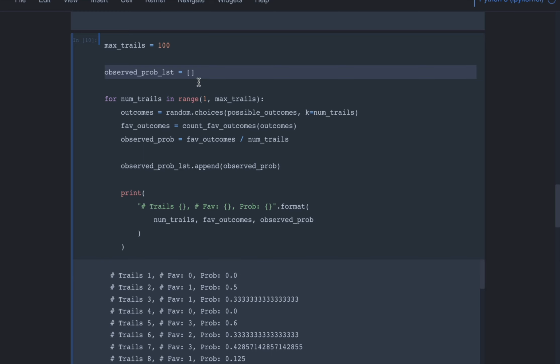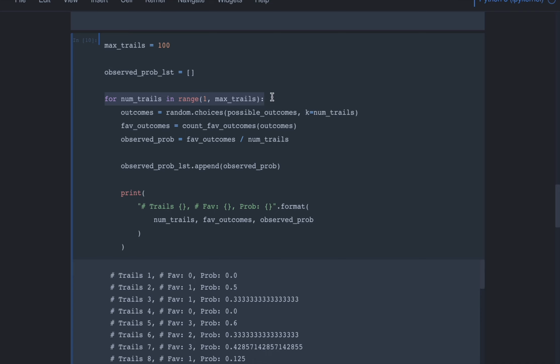In the second experiment, we roll the dice twice and we again compute the probability. That way we are doing 100 experiments. In the 100th experiment, we roll the dice 100 times and we count how many favorable outcomes there are, and we divide that by the maximum trials, which is 100. That way we compute the probability with an increasing number of trials.